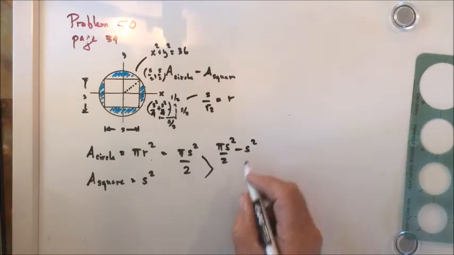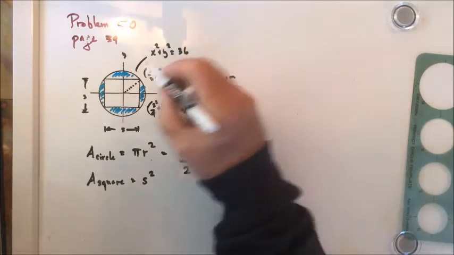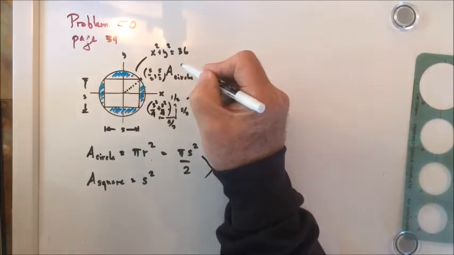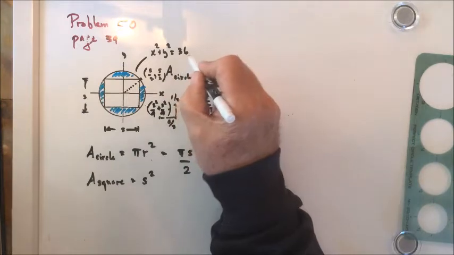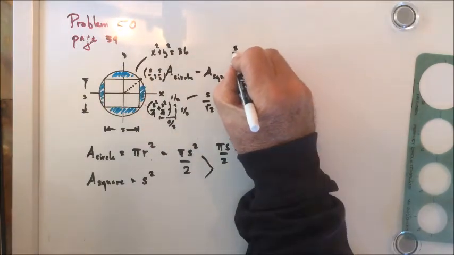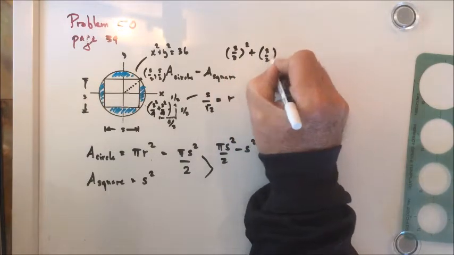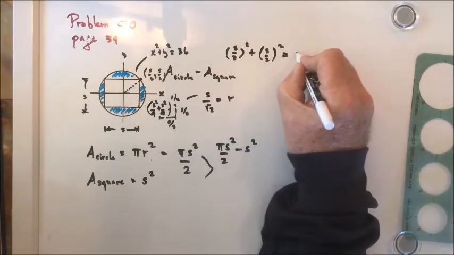All right, easy enough. All we've got to do is solve for S, and we'll do that right here. Because this point, (S/2, S/2), lies on the circle, which means that (S/2) squared plus (S/2) squared is equal to 36.